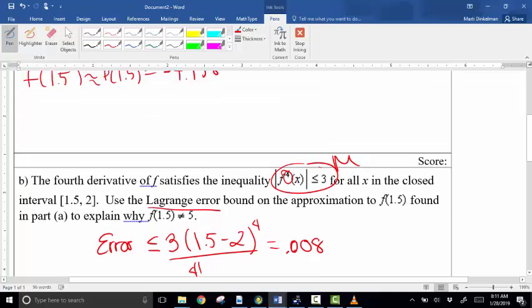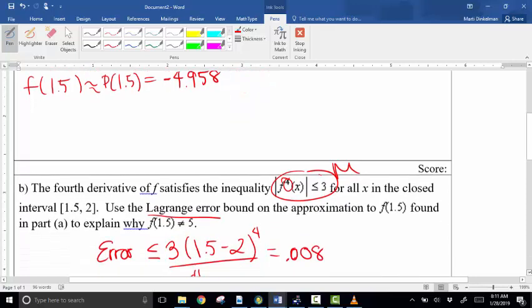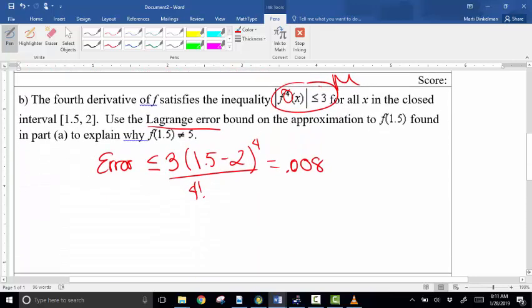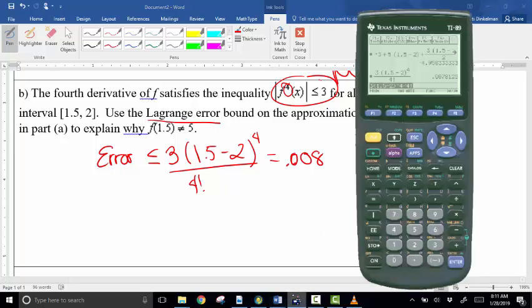So what I'm going to do is take that estimate that we got earlier, which was -4.958, and I believe that is correct. I think even on the test it seems like a wild, like why would they even ask at 5? -5 maybe would make more sense, but what I'm going to do is just going to go up and grab what I thought the estimate was, and then I'll add my error.